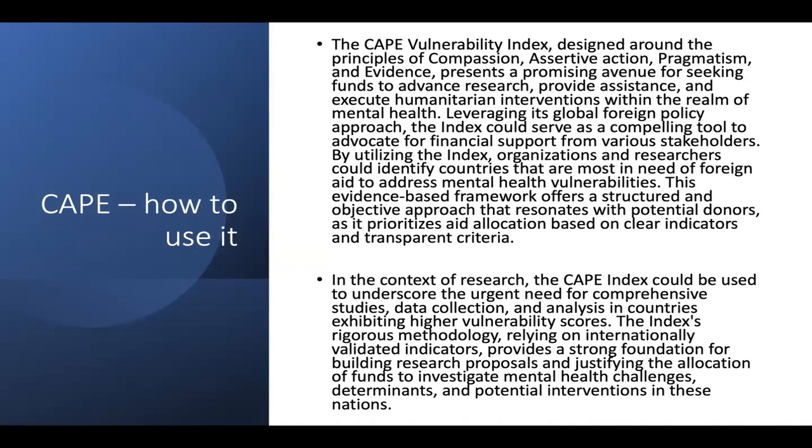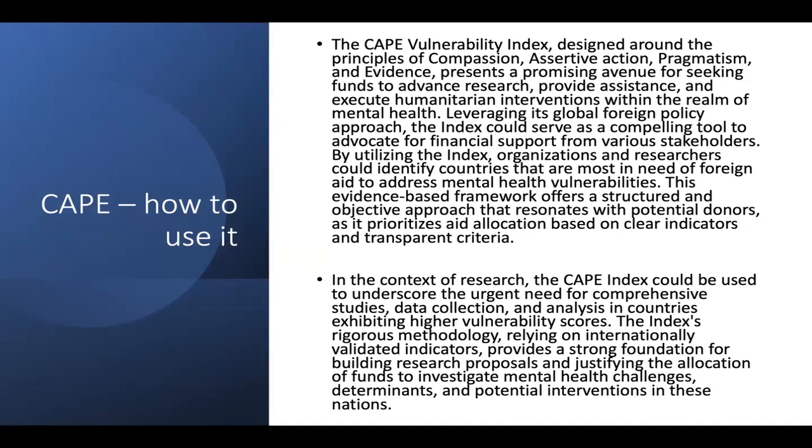By utilizing the index, organizations and researchers could identify countries that are most in need of foreign aid to address mental health vulnerabilities. This evidence-based framework offers a structured and objective approach that resonates with potential donors as it prioritizes aid allocation based on clear indicators and transparent criteria.